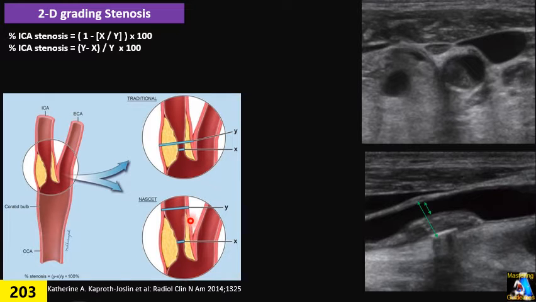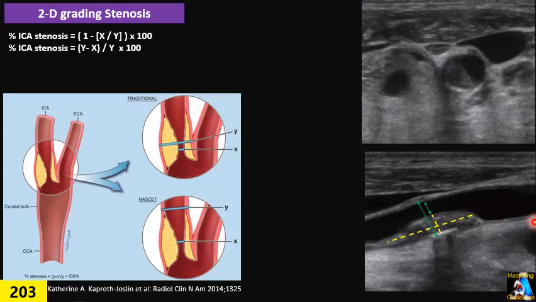If this spot is B, where the walls are parallel, we measure the same. So we measure the closest spot distal to the narrowest spot where both walls are parallel. Again, using this formula, we can determine the severity of the stenosis. But there are some problems with this.